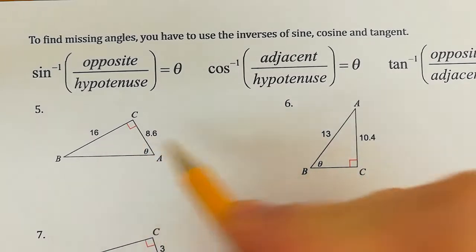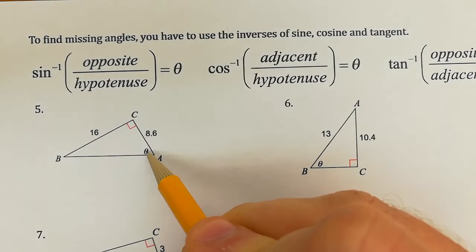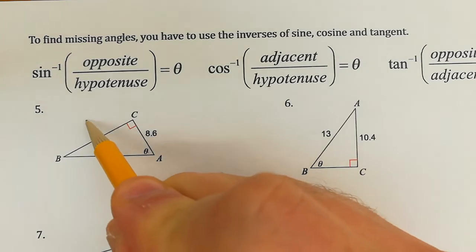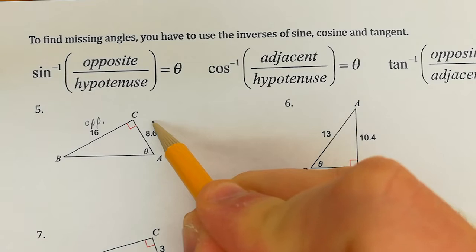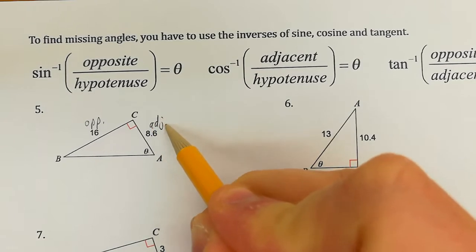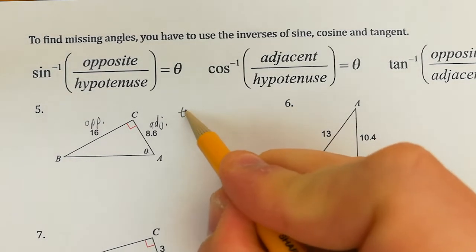So let's just set this up as usual. We have this angle involved, and we have the opposite leg, and then we also have the adjacent leg that are given. So which of the ratios involves opposite and adjacent? Well, that would be tangent.